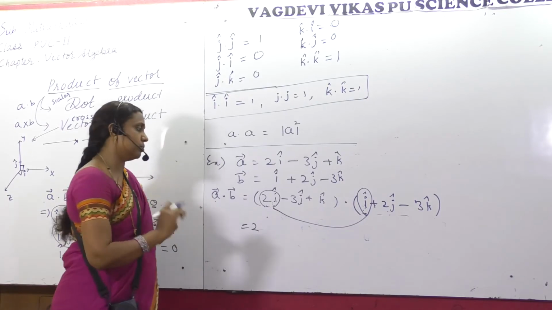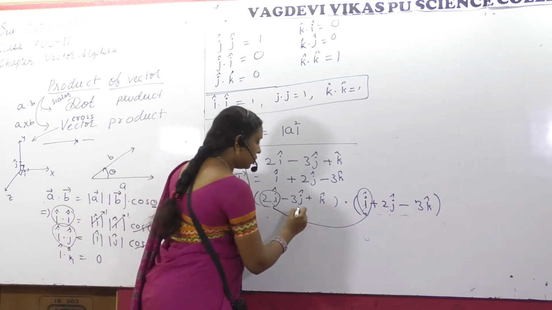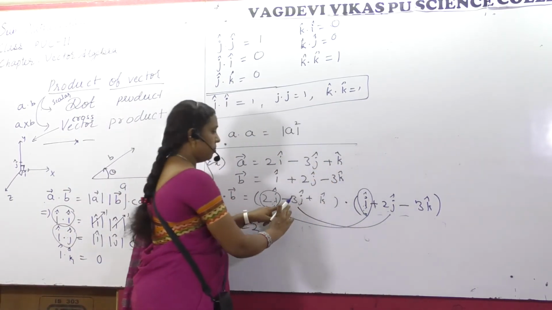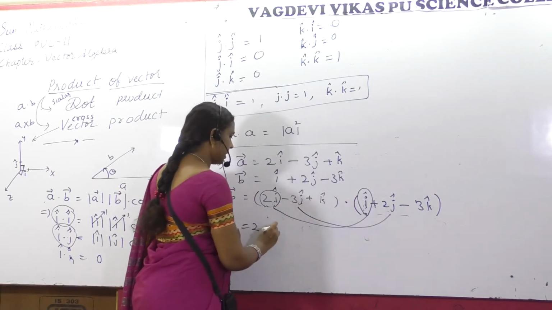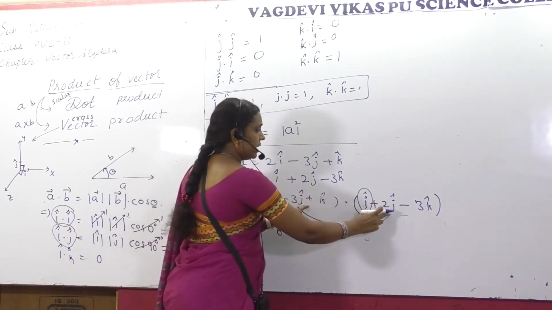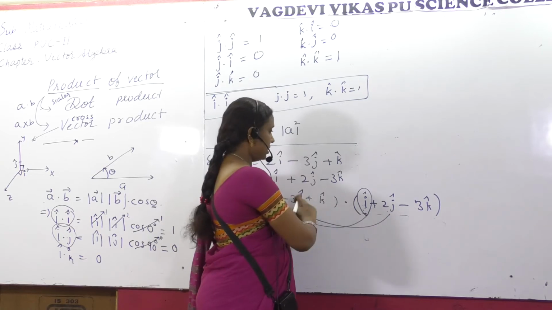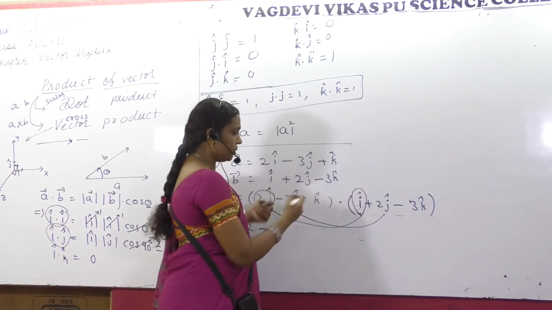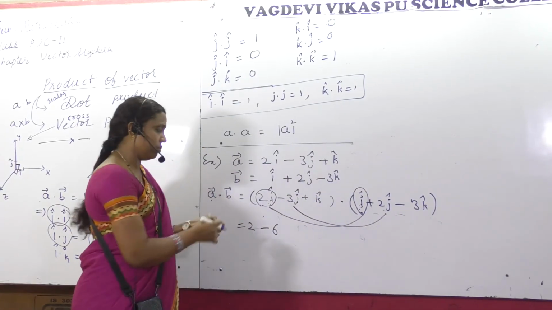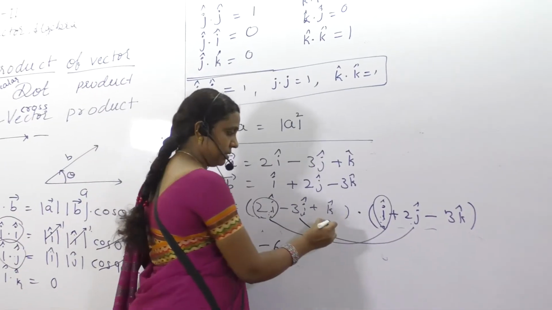Next, group these two, j and j. Minus 3 into 2 is minus 6. j dot j is 1. j dot k, j dot i turn out to be 0. That we will discard, we will neglect. Simply a waste of time.